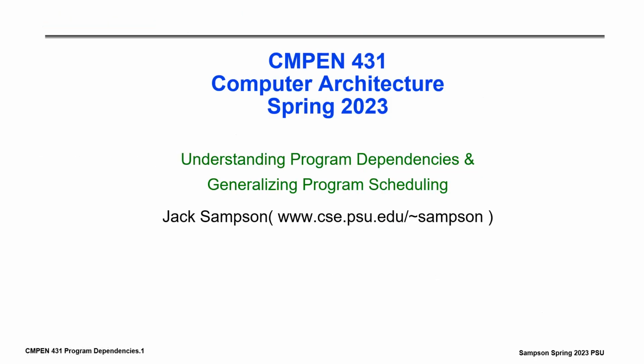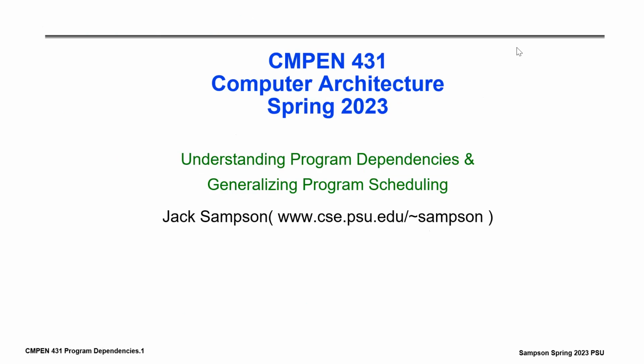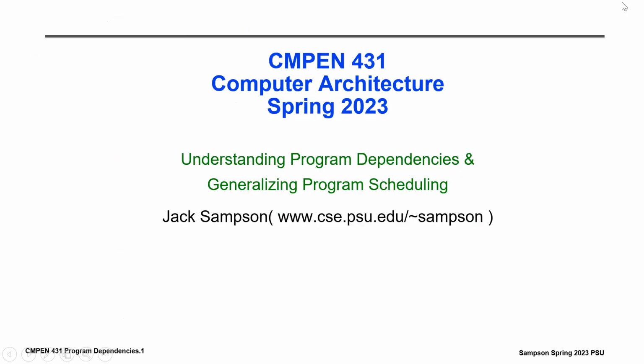Okay, so we're going to look at understanding program dependencies and how that goes to a general sense of scheduling. So we're going to start thinking outside the box of our simple 5-stage pipeline.